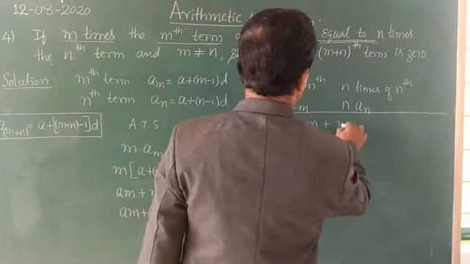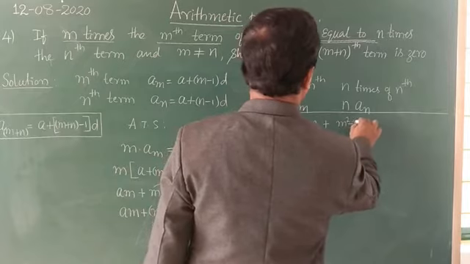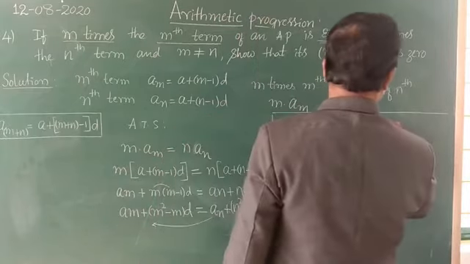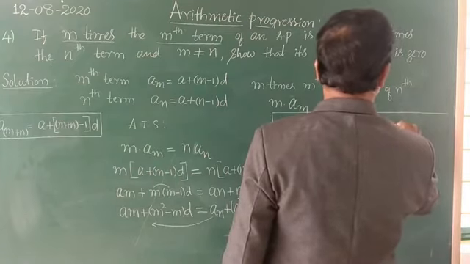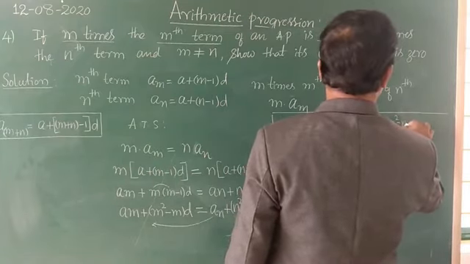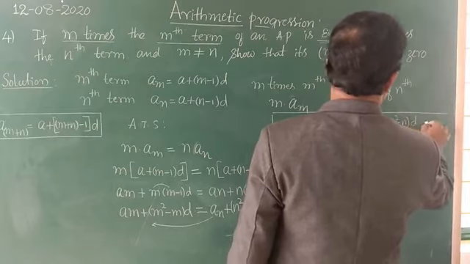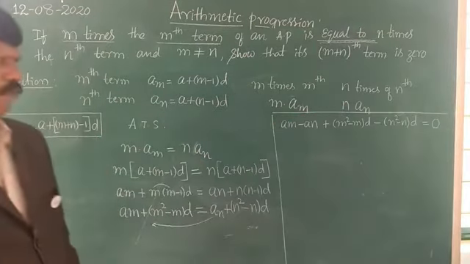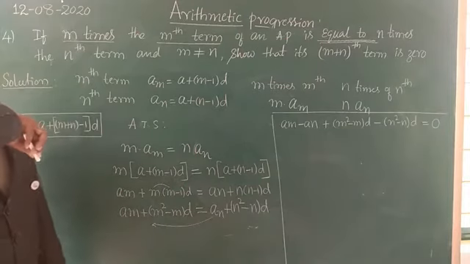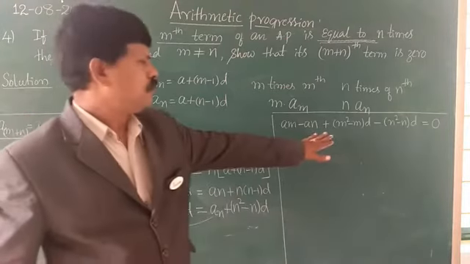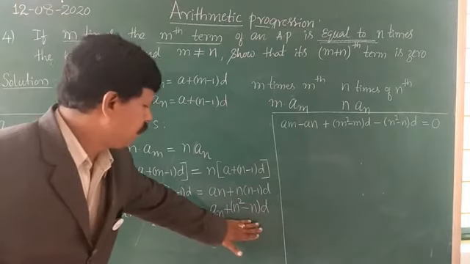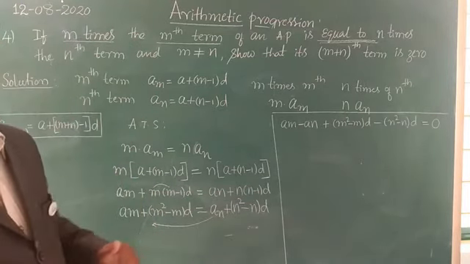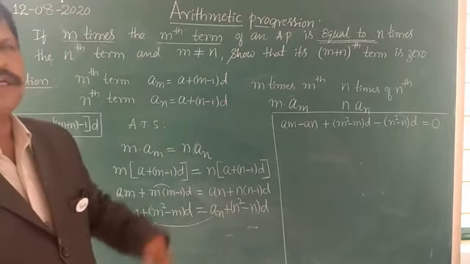Plus m square minus m into d, minus of n square minus n into d. So the right hand side left out is 0. See that? Understood? Shift these two terms to this side and write down on one side, that means with respect to the terms.